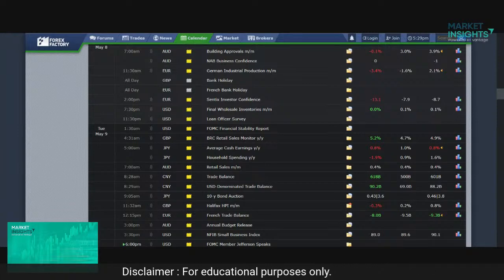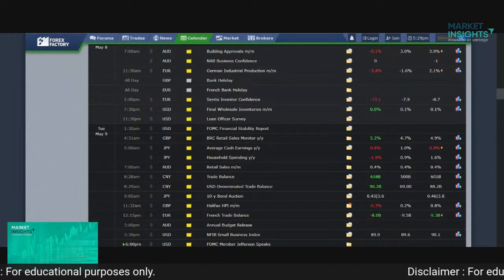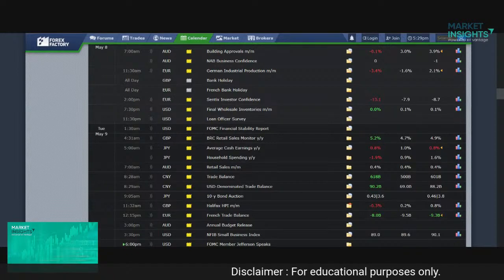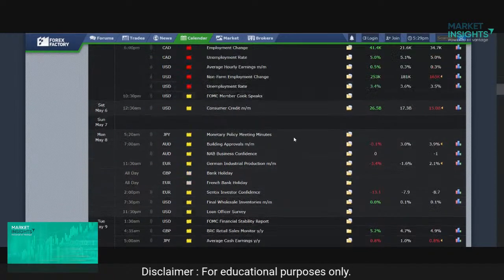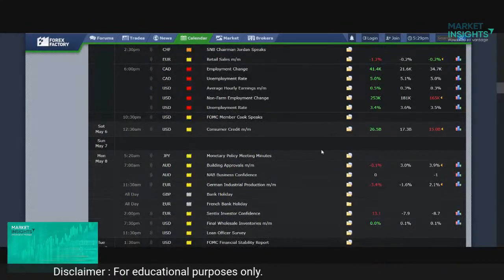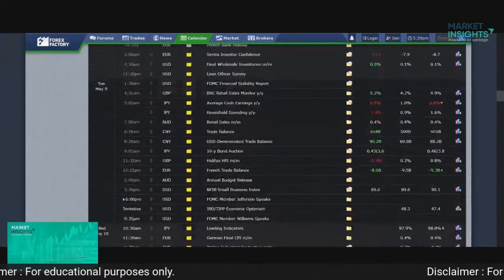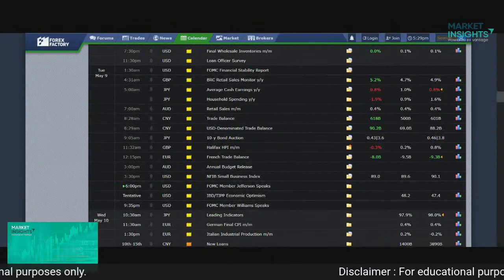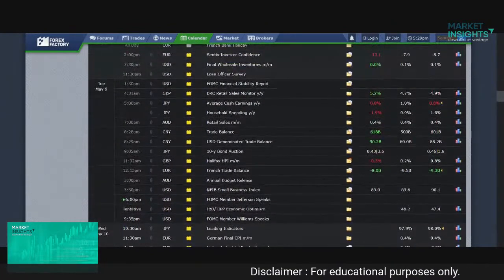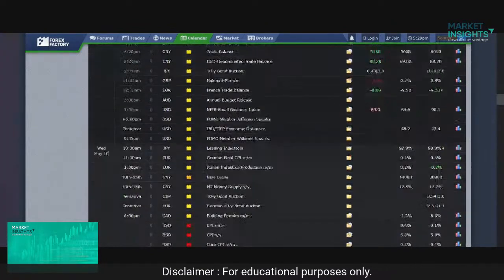So overall, the labor market is still very powerful, still very resilient to whatever rate hikes have been done. And also, when we see today that USD has been performing.